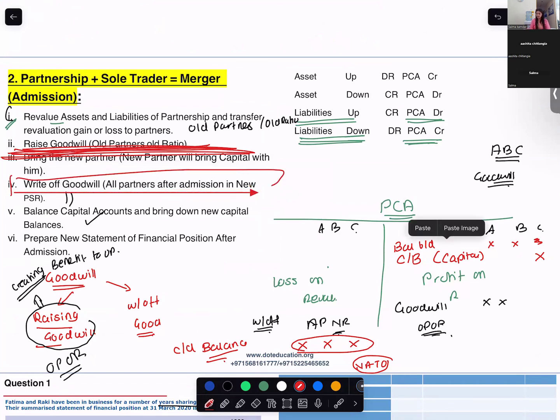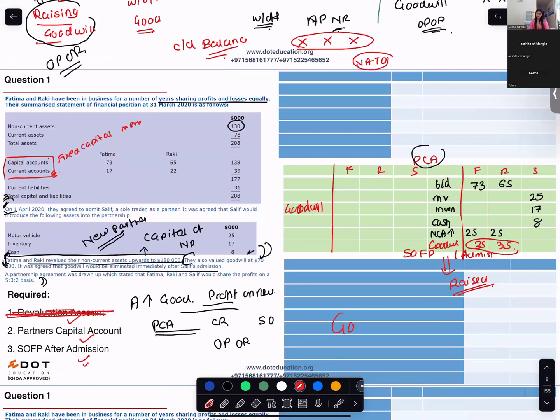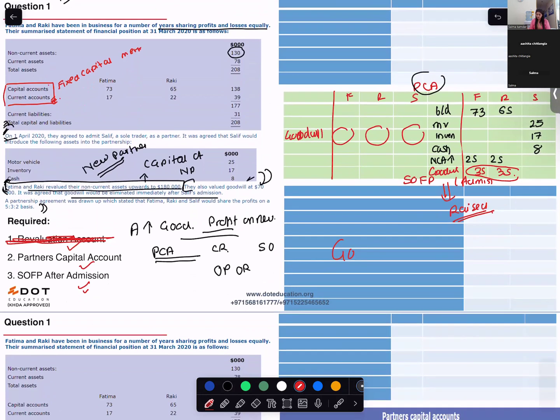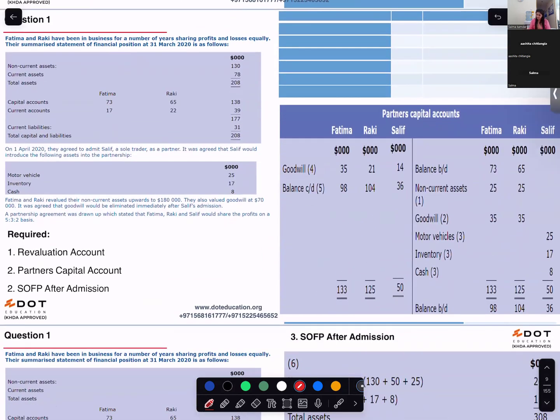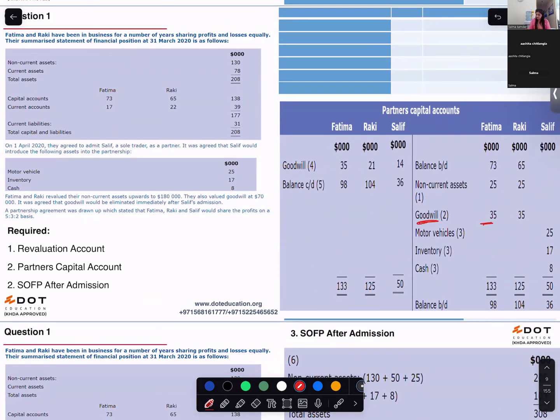So you will write it off amongst all three partners in 5:3:2. So why do you say 35, 35? I am sorry. So you raise the goodwill over here, amongst old partners, old ratio. Goodwill is written off amongst all partners, new ratio.